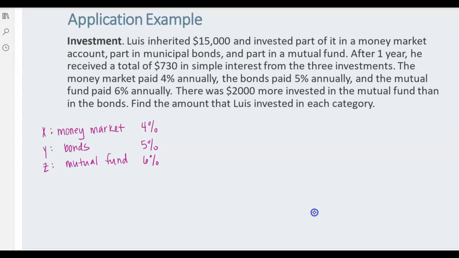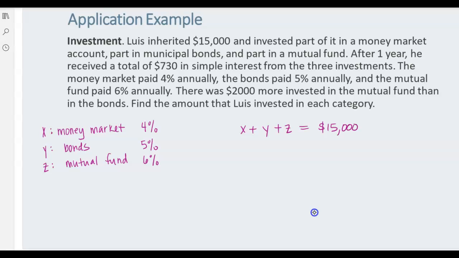So X, Y, and Z are the total dollar amounts he invested in each type of account. We know that the total he invested was $15,000. So X plus Y plus Z equals $15,000.